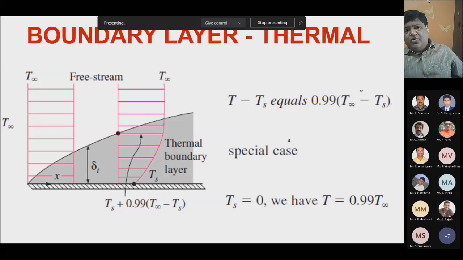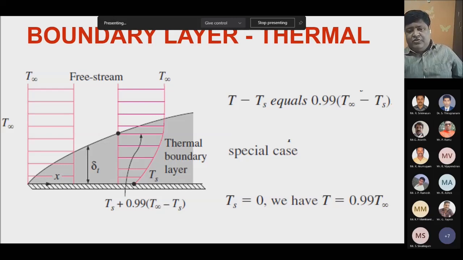So the boundary layer keeps on growing. It keeps on increasing along the flow and then it gradually becomes constant. The point where the temperature in the y direction does not change, and the velocity in the y direction does not change, from that point onwards we call the flow thermally developed and hydrodynamically developed.